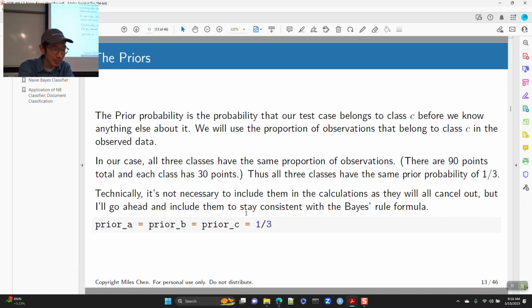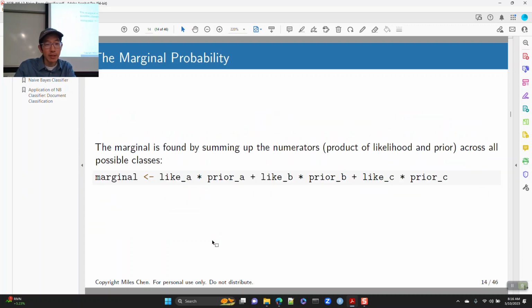In general, they might not always be equal, so you want to include these prior probabilities. And then the marginal probability, the value that goes into the denominator so that the probabilities add up to 1, is basically the sum of the numerators. So I'm going to do the likelihood times the prior for class A, plus the likelihood times the prior for class B, plus the likelihood times the prior for class C.